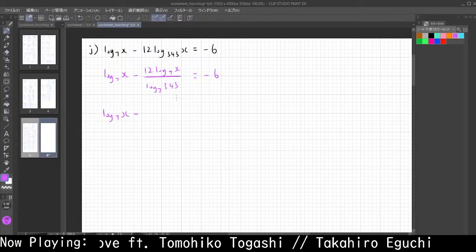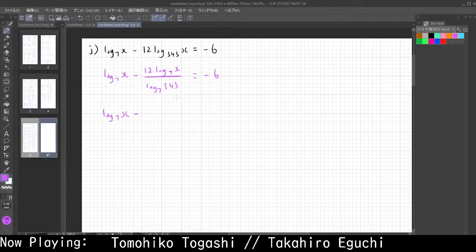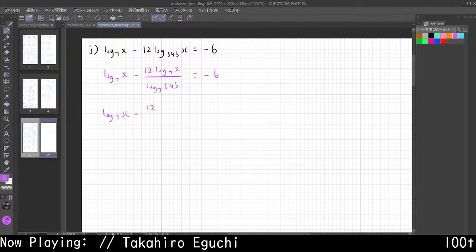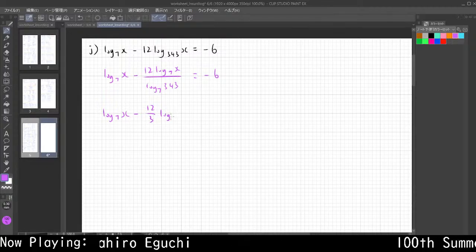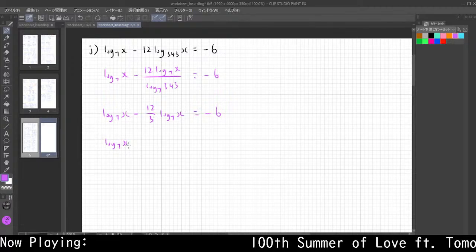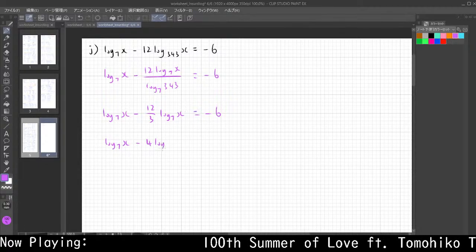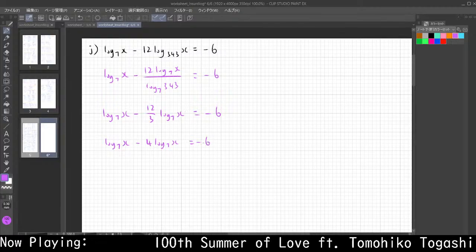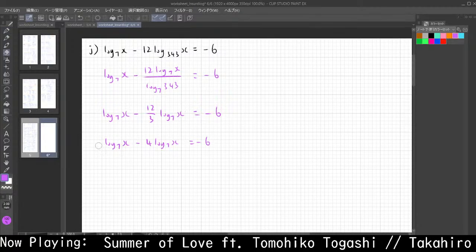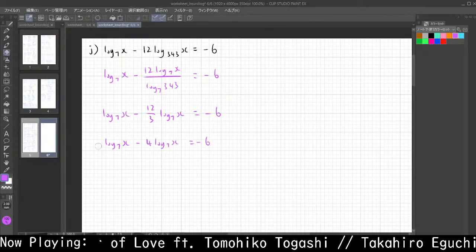Log base 7 of 343 is 3, since 343 is 7 cubed. So 12 divided by 3 log base 7 gives 4. Then 1 minus 4 is minus 3.